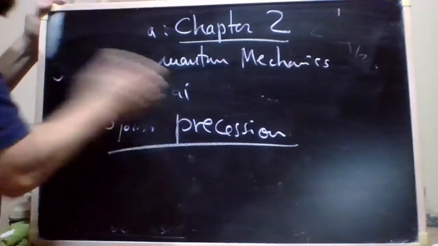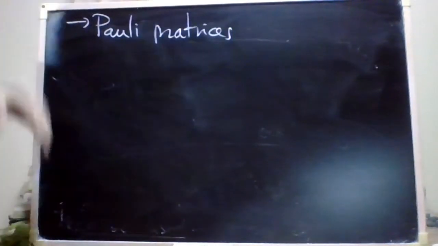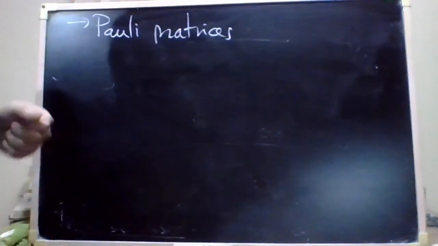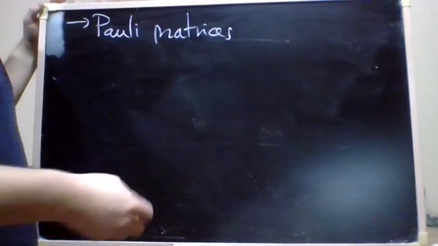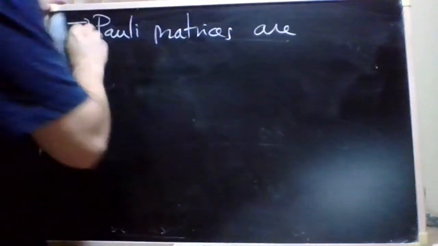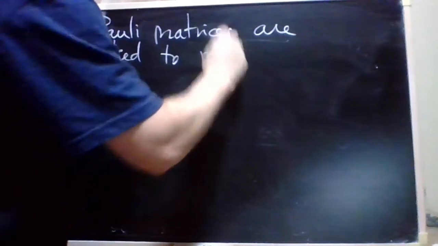But I mentioned previously, and I am anticipating some facts right now, that Pauli matrices, which are used to make calculations in spin half systems, are somewhat linked to rotations.